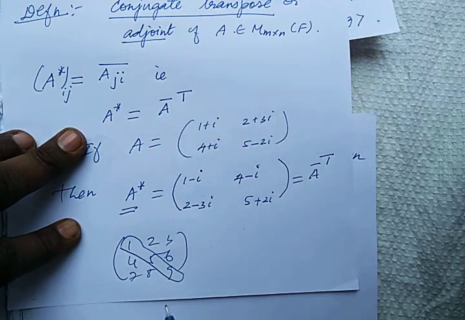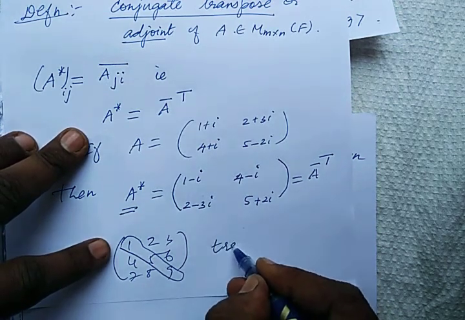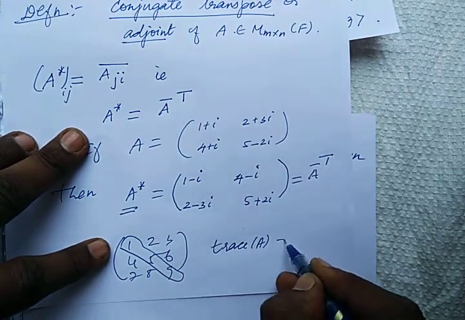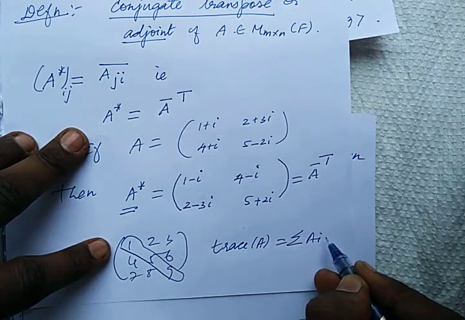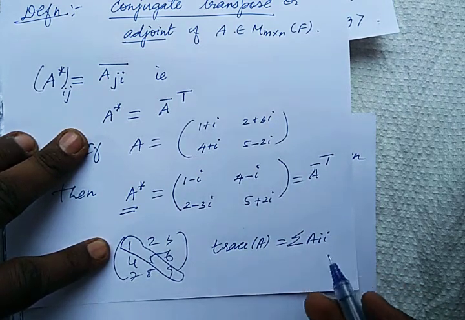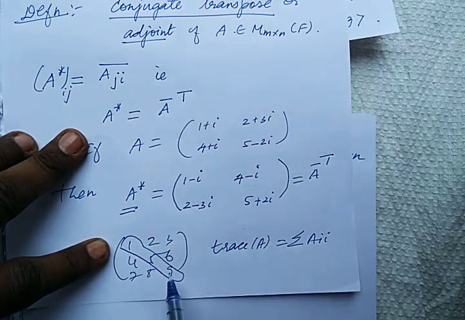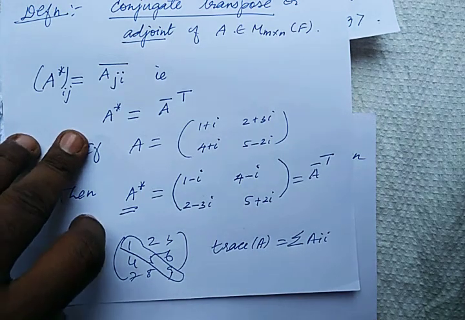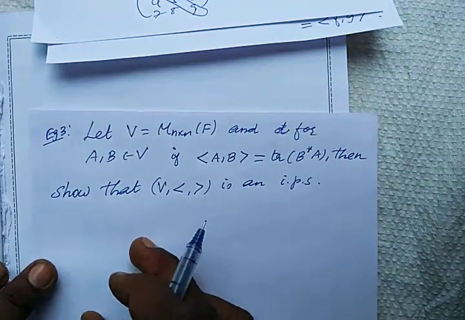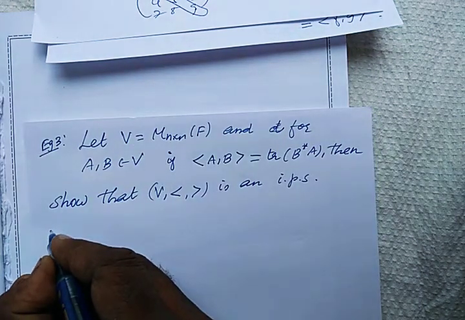That is the trace of the matrix. Trace of the matrix A is always summation a_ii only. The 1,1, 2,2, 3,3 entries we have to add up. So summation a_ii, this is the trace. Now we shall prove it.